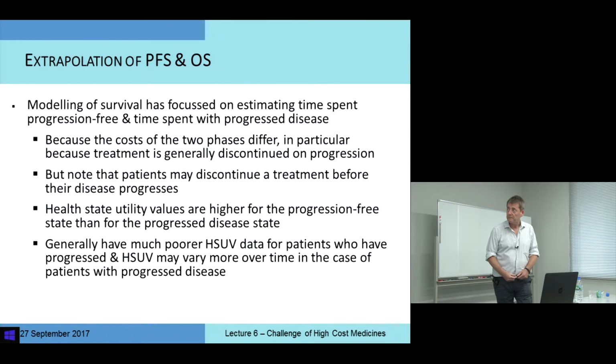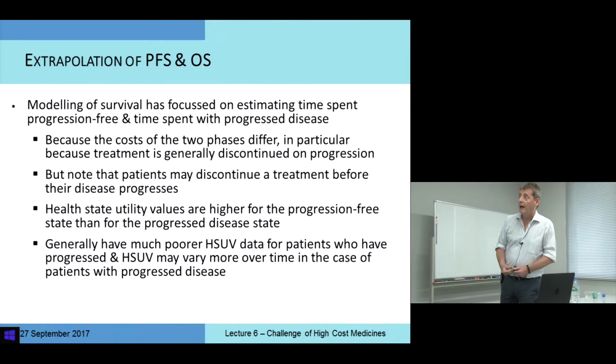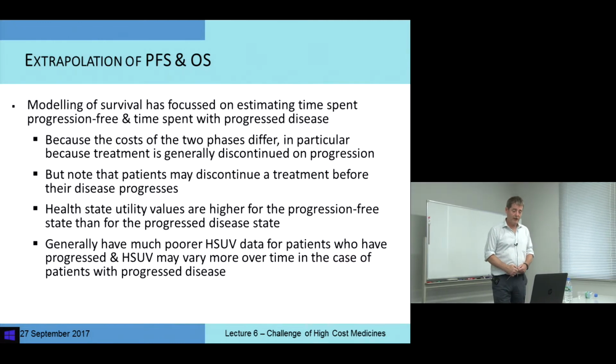And that is quite a challenge sometimes. But it's important to do it to distinguish between these progression-free and progressed health states, because the costs will vary. For a lot of these drugs, you stop the treatment on progression.